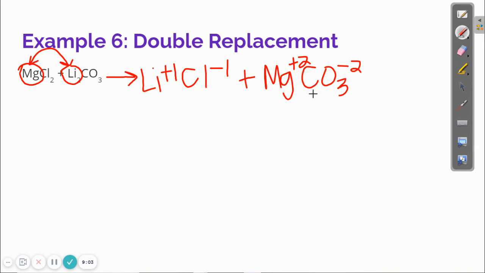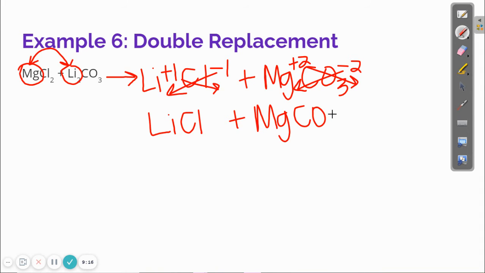And I'm going to put a plus between them because it's 2 ions. So now we're going to crisscross our charges. So I end up with LiCl plus magnesium is a +2, carbonate is a -2, so it just becomes MgCO3. I could have put the 2's in and then had to get rid of them, but I'm just going to skip that step and show you the final answer.